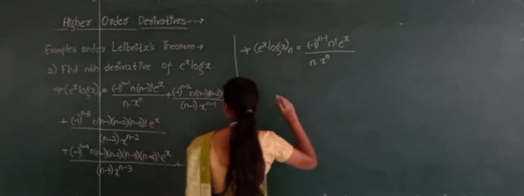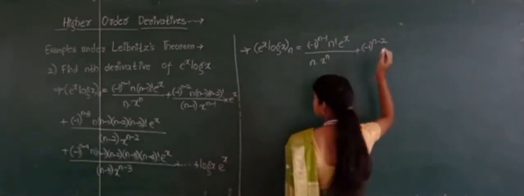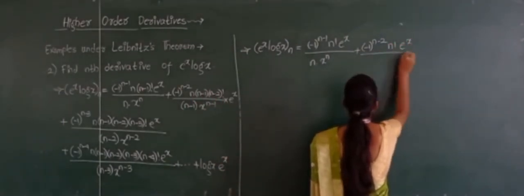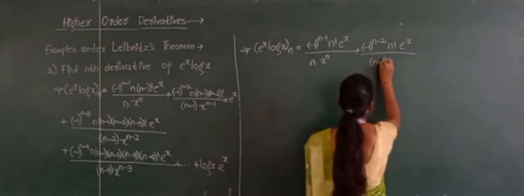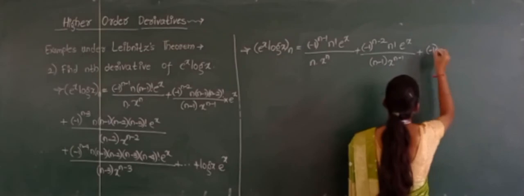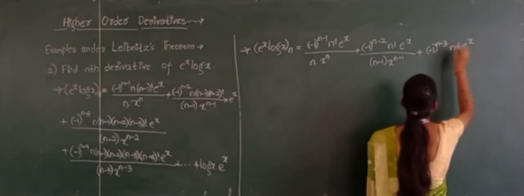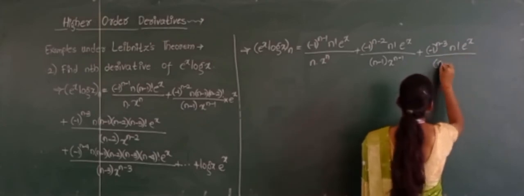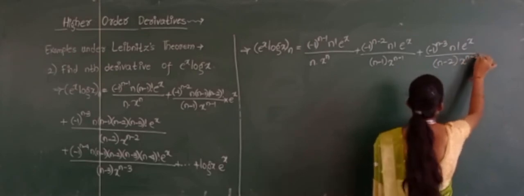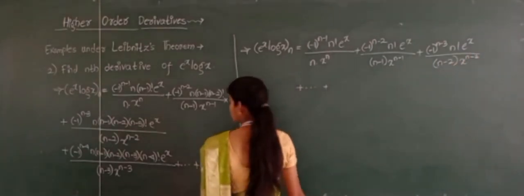Then plus minus 1 raised to n minus 2, this is n factorial e raised to x divided by n minus 1 into x raised to n minus 1. So next term is minus 1 raised to n minus 3 n factorial e raised to x divided by n minus 2 into x raised to n minus 2, plus and so on.